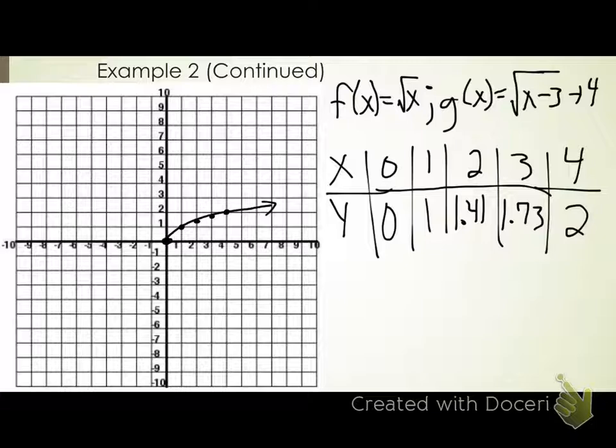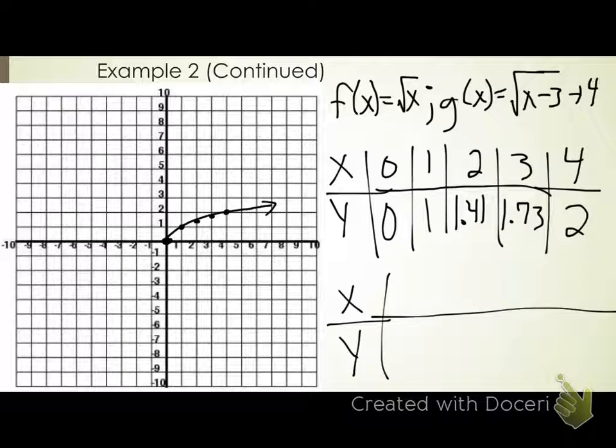Now there's two ways I could graph my other function. I could create a table of values, just like I did for my parent function. Does anyone have any other ideas on how I could graph it that would be a little easier? This is just two translations.